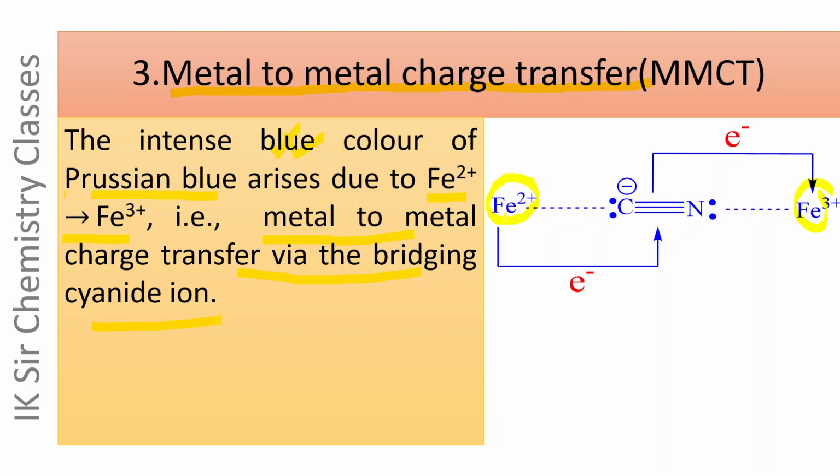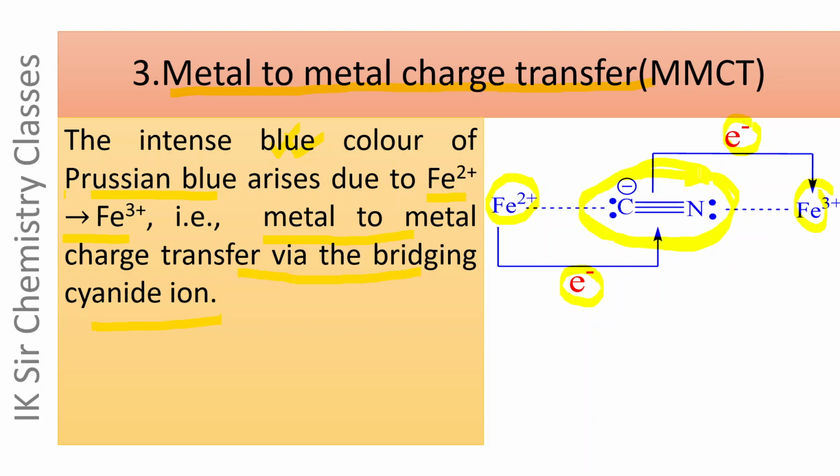First of all, the electron is transferred from Fe2+ ion to cyanide ion. This electron transfer takes place, and then the electron is transferred from cyanide ion to Fe3+. Thus, Fe2+ to Fe3+ metal to metal charge transfer takes place via the bridging cyanide ion.